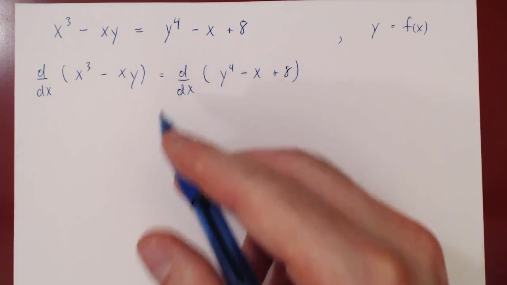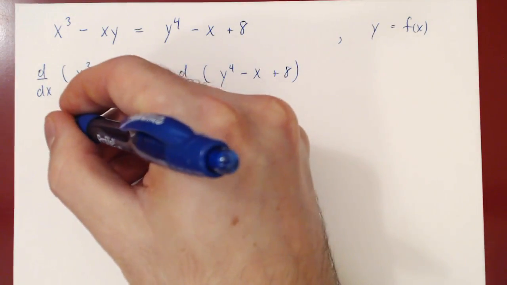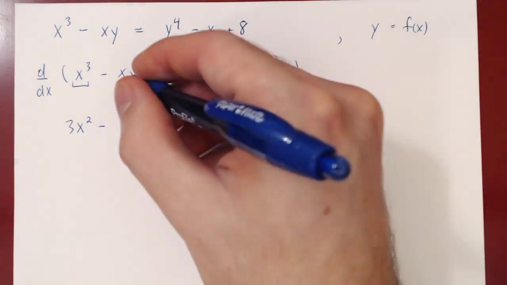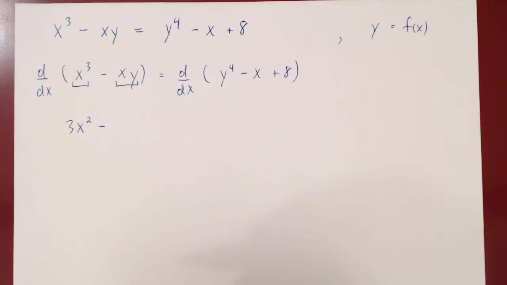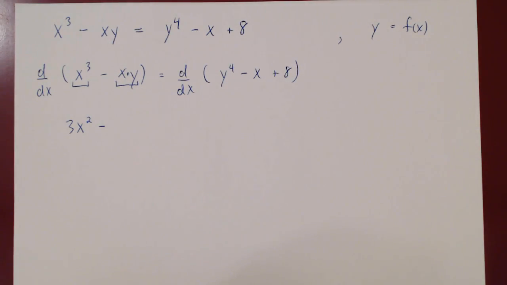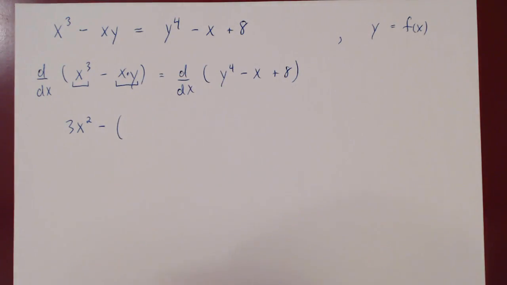Let's differentiate the left-hand side. The derivative of x cubed with respect to x is simply 3x squared minus the derivative of xy. Here we have a product, so we have to apply the product rule carefully. Open your parentheses.